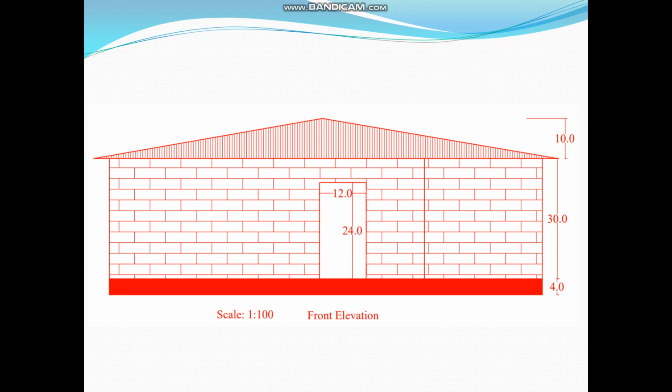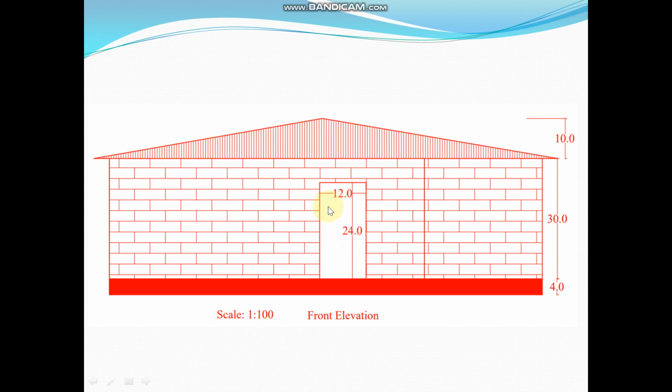Among these, here is the front elevation. In the front elevation, we can express parts such as the foundations. Here up to here there is the foundation, most of the time stone masonry, with grade beams. And here up to here, masonry walls. Above this, the roof structures.